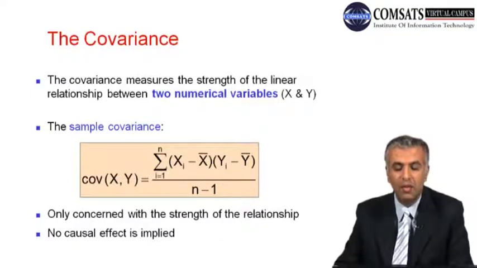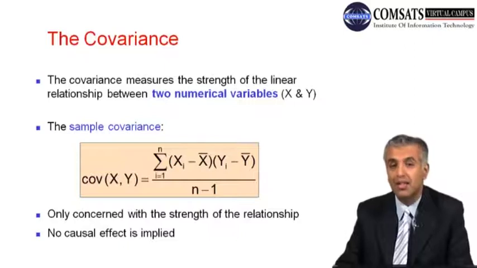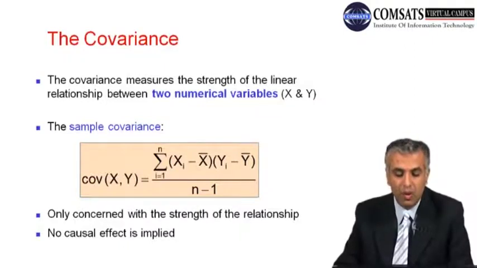What we are trying to do is find the average distance of the individual values from their respective means of both variables, multiply them with each other, take a summation of that, and divide it by the sample size n minus 1.